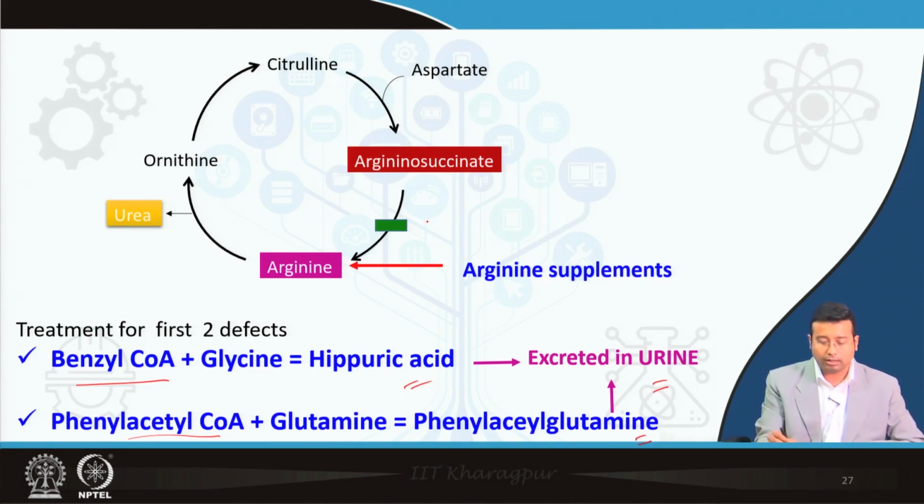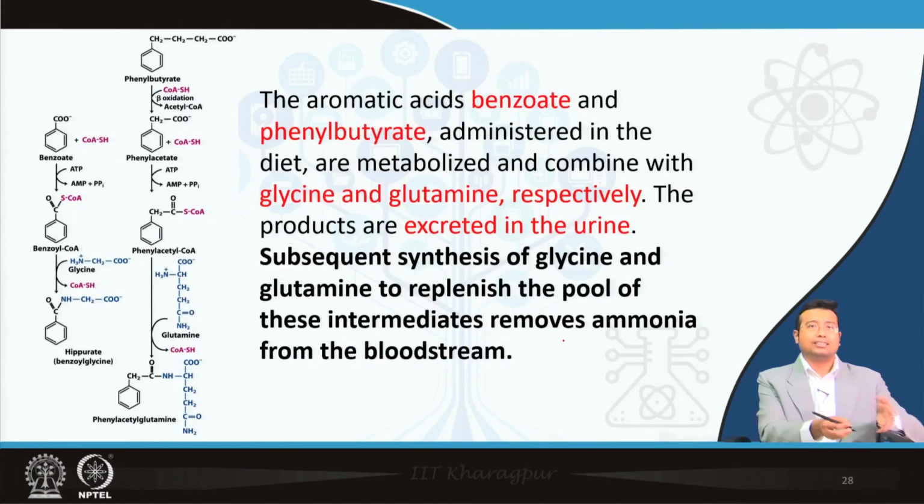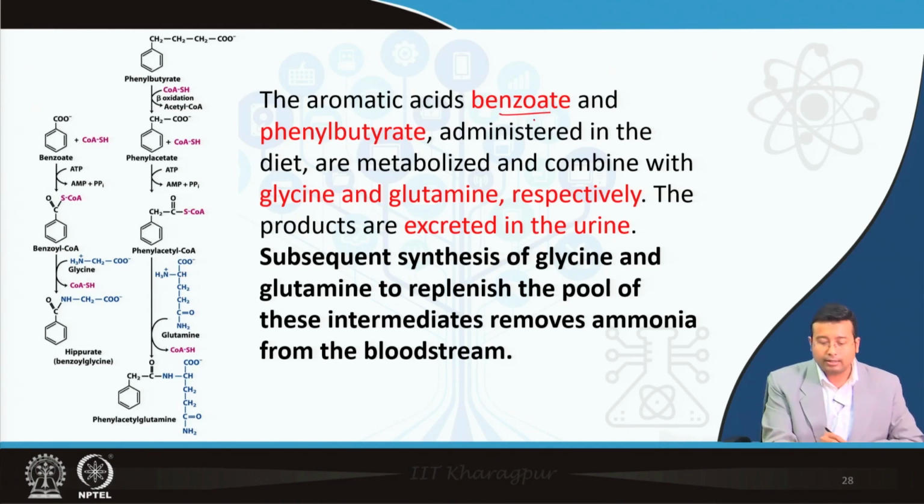See over here, whenever there is a block in this enzyme, arginine synthesis will be defective, so we need to supplement arginine, and this is how we can treat with an external compound like benzoate. Benzoate combines with glycine to form hippurate, right.